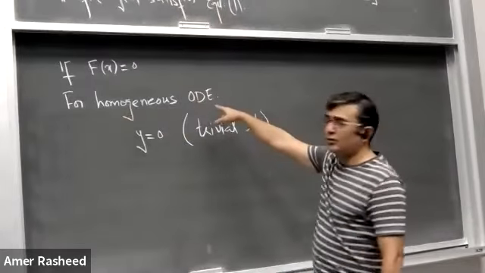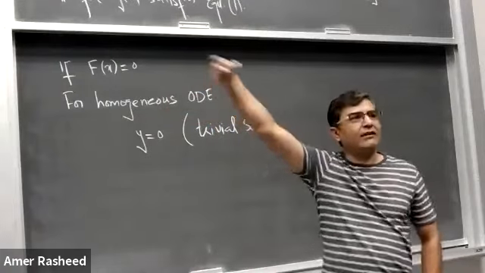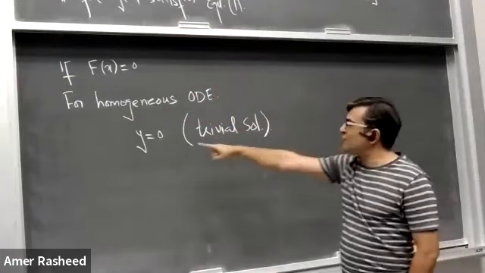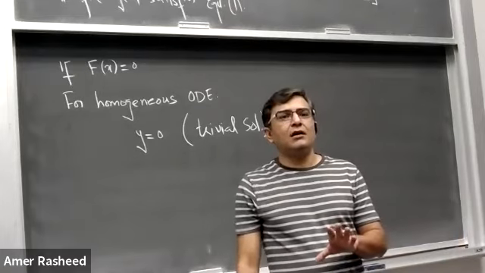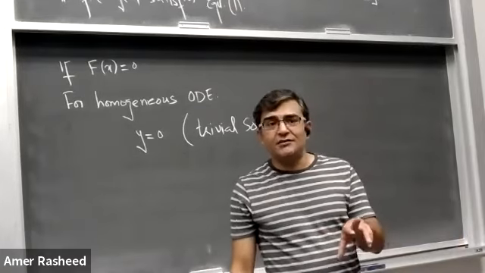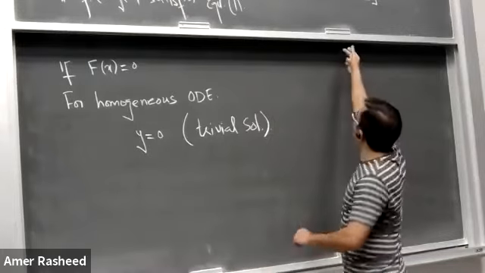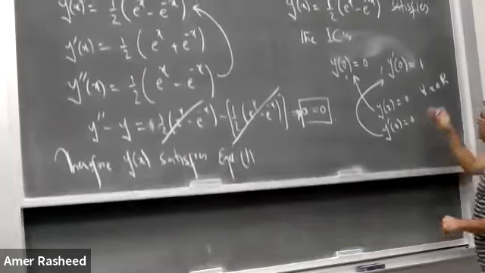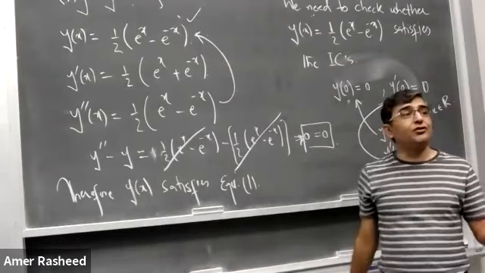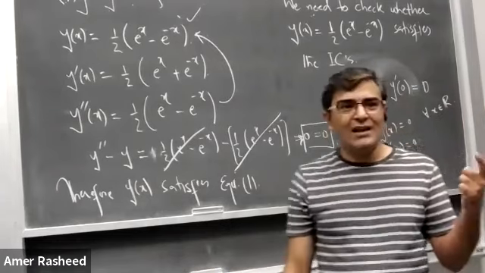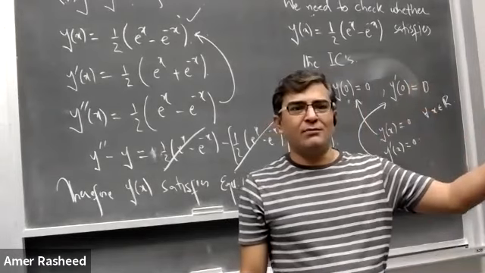So for a homogeneous nth order linear ODE, whatever the ODE is, y is equal to 0 is the trivial solution, and it is a solution of the initial value problem when it also satisfies the initial conditions. If y dash at 0 is equal to 0, then y is equal to 0 is the unique solution of the given initial value problem.